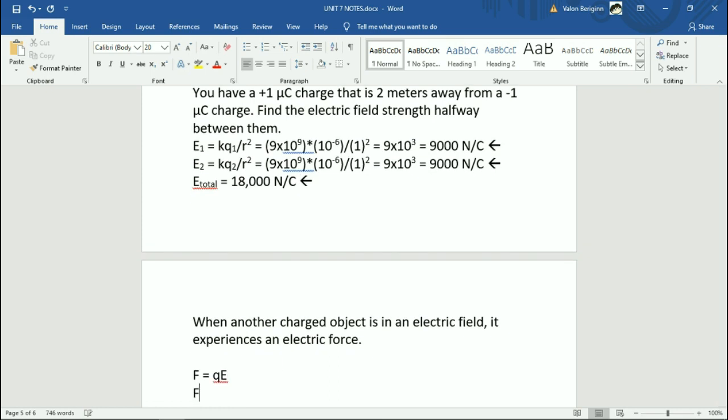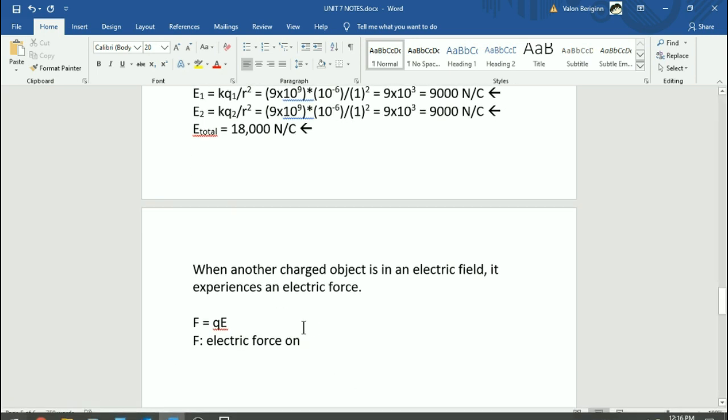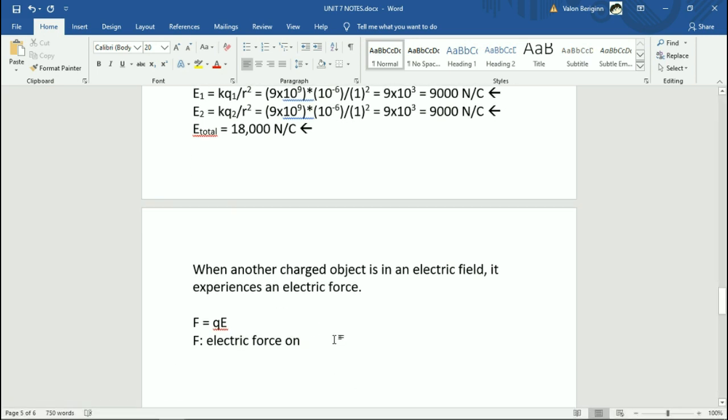F is the electric force on the new charged object. Q is the charge of the new object, and E is the electric field strength that's there.